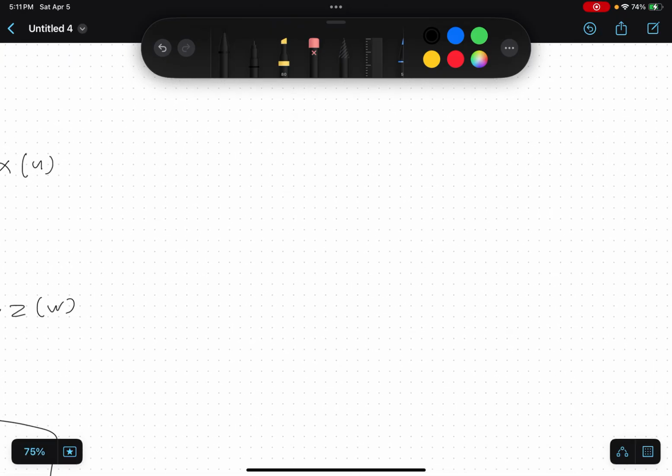So what is the continuity? It is du/dr plus u over r plus 1 over r dv/d theta plus dw/dz equals 0.